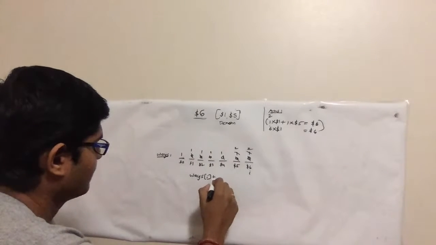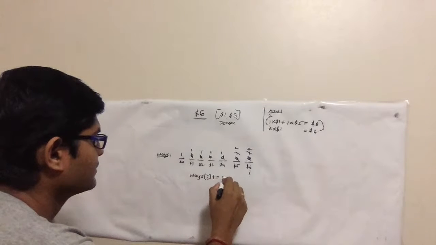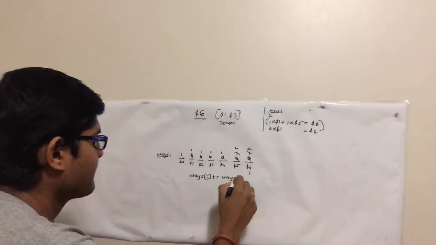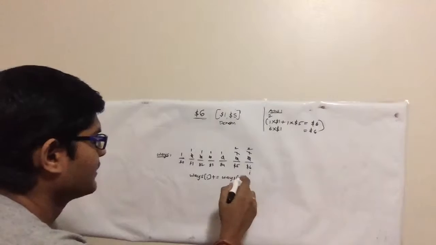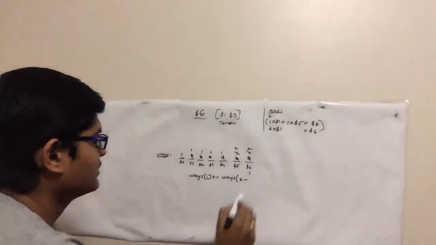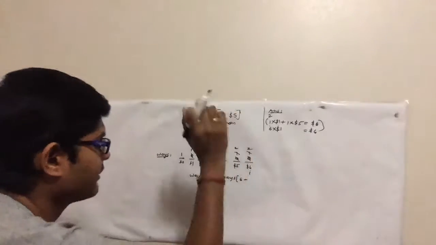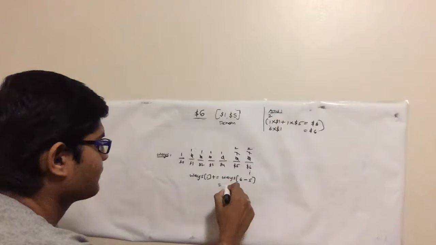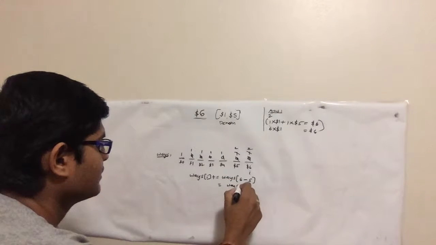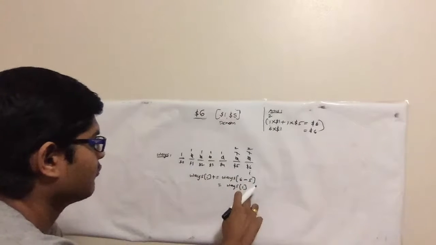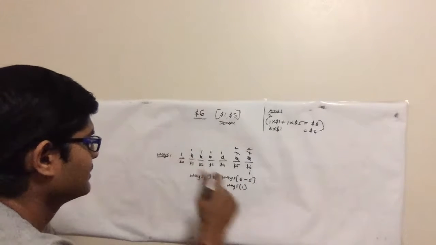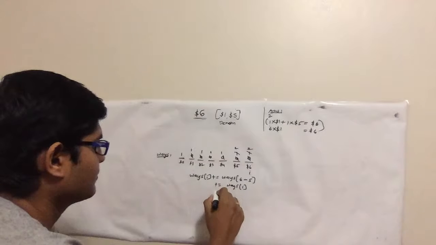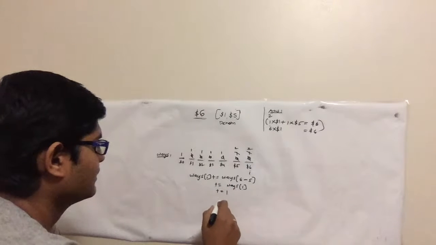Say we have the number of ways array, this is the amount, and we have used the $5 coin, that is the denomination. Ways of 1 is ways of 1 plus or minus 1.